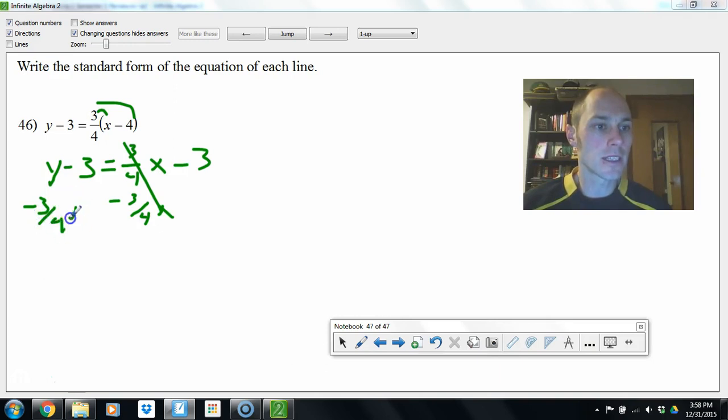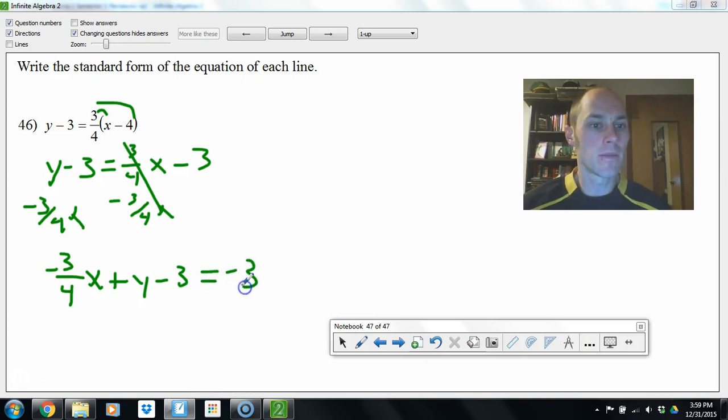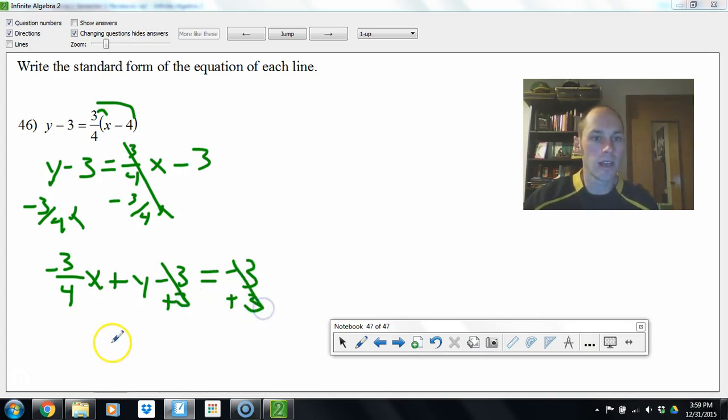Subtract that 3/4 x. So we're left with negative 3/4 x, positive y, and negative 3 equals negative 3. And let's get our constant terms on the other side. Notice when we do that, that eliminates all our constant terms. So we have negative 3/4 x plus y equals nothing.